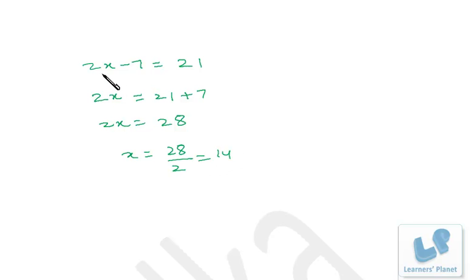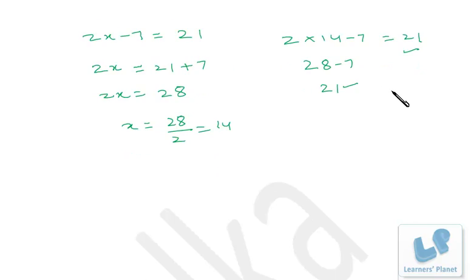Put 14 over here and see whether the equation is balanced or not. So 2 into 14 minus 7 is equal to 21. This is the left hand side, this is the right hand side. You have to apply BODMAS. 14 into 2, 28 minus 7. So that is 21. So this side it is 21 and this side it is also 21. So the equation is balanced, right?